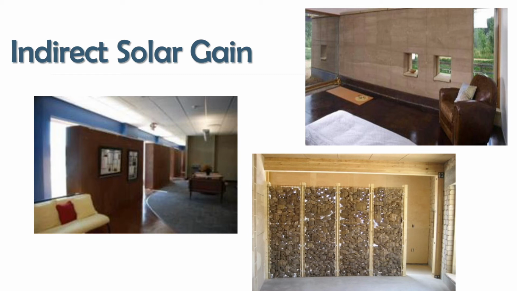In the lower right, we see a very creative solution where it's actually rocks that are held in a metal netting, and there are little bits of daylight that are coming through, making it a very sculptural option, whereas in the image to the left, we see a hospitality type environment where they're taking advantage of the Trombe walls as a way of putting art in.